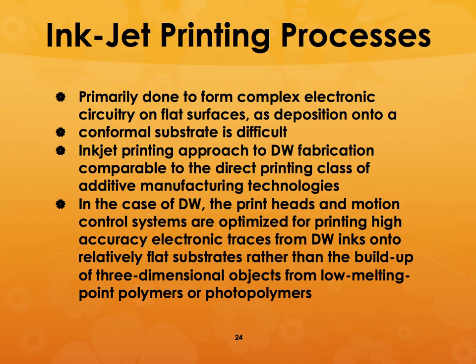You have to make sure that the print head and the motion control system are optimized for very high accuracy electronic traces from these direct write inks. Most of the time you're only doing a single line or maximum two lines, and you don't build up three-dimensional objects.